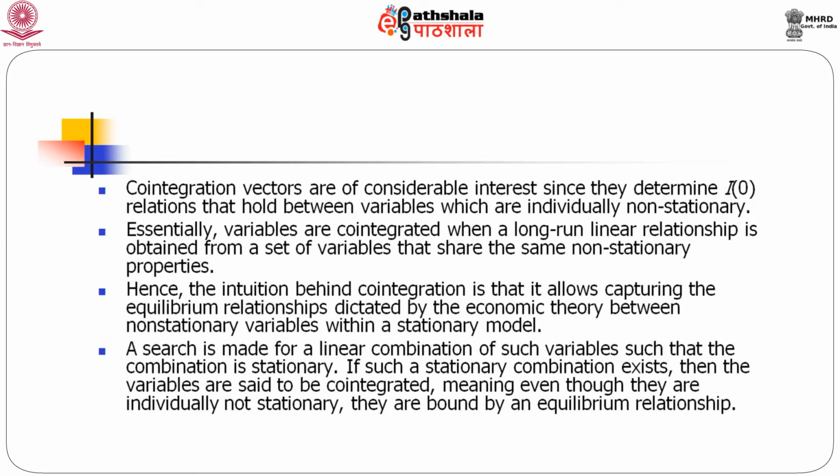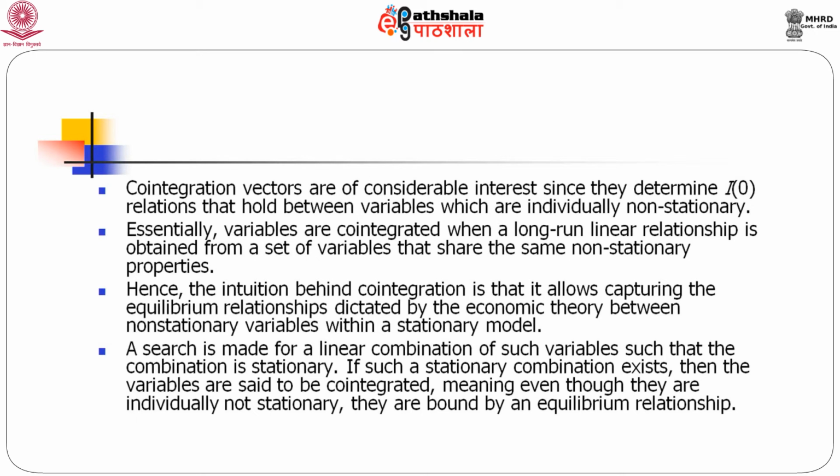So, the basic idea behind the use of the cointegrating relationship is that it helps to find the long run relationship in the model. Now, a search is made for a linear combination of such variables such that the combination is stationary, and if such a stationary combination exists, then the variables are said to be cointegrated, meaning that even though they are individually not stationary, there is bound to be an equilibrium relationship.